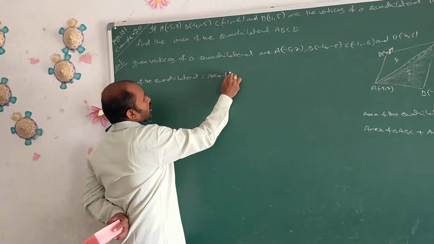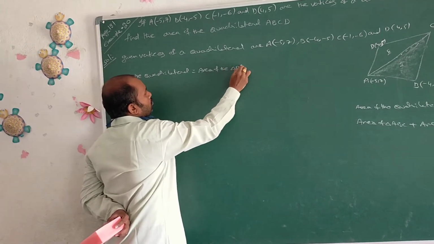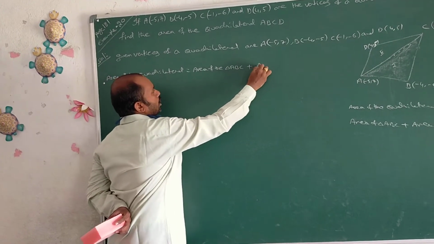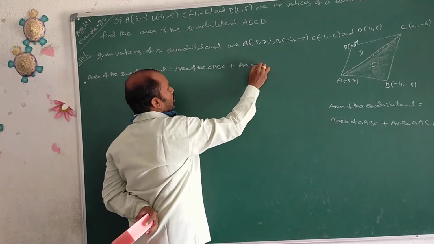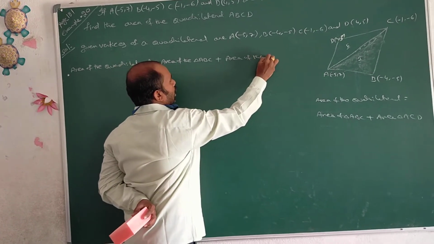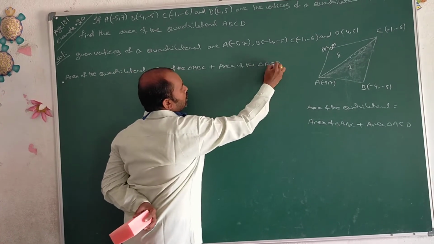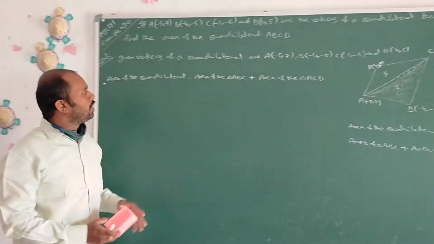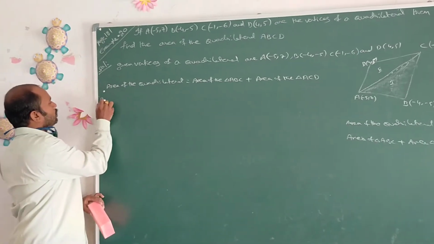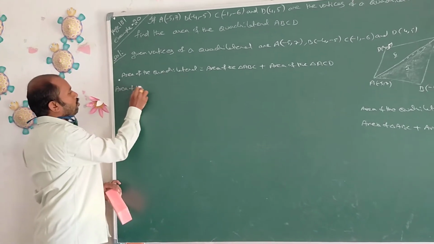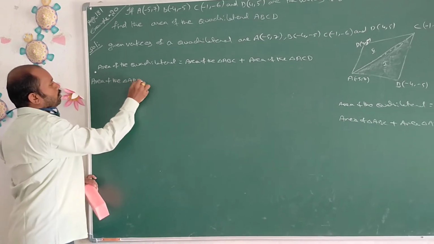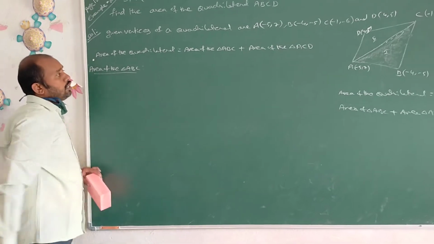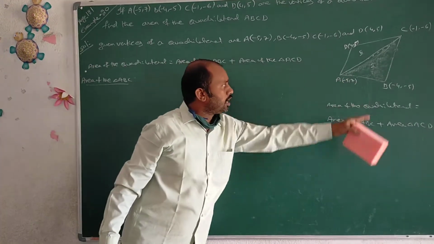Area of the triangle ABC plus area of the triangle ACD. Now first you can find the area of the triangle ABC. First triangle area. Here ABC vertices already you know.